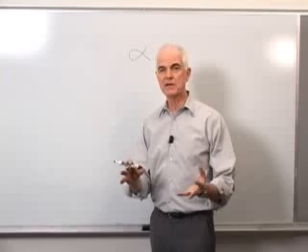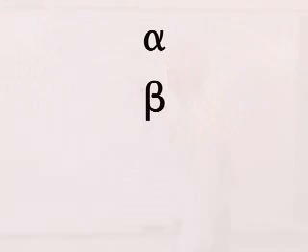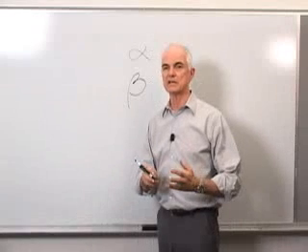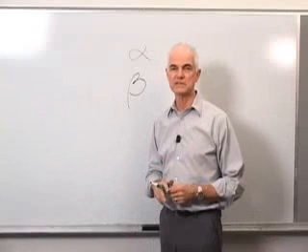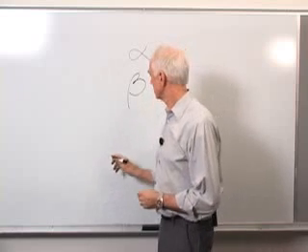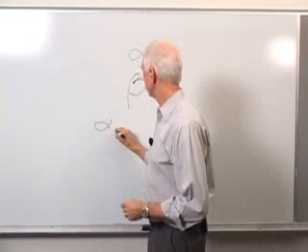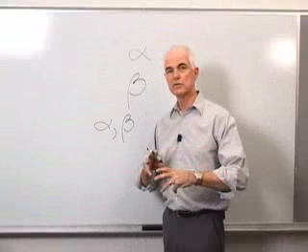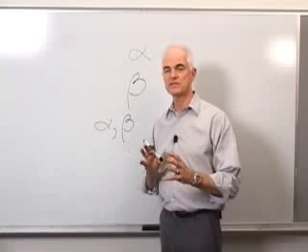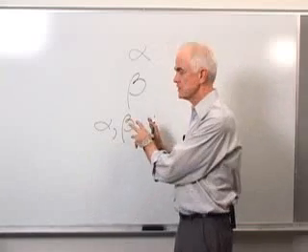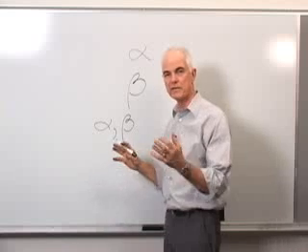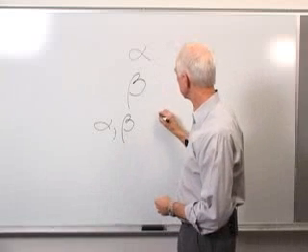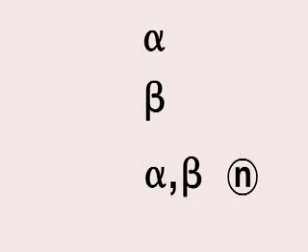The probability of committing a type 2 error is beta, and a type 2 error is failing to reject a false null hypothesis. Also, alpha and beta are inversely related. If you reduce alpha, you're likely to increase beta, and vice versa. The only way to reduce both of them at the same time, all other things being constant, is to increase the sample size, or n.